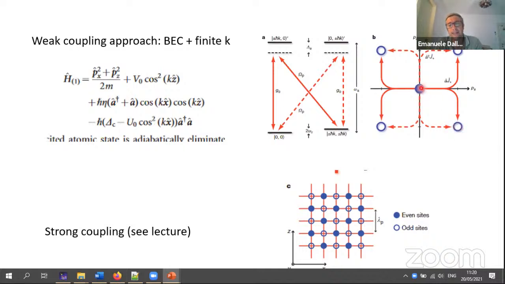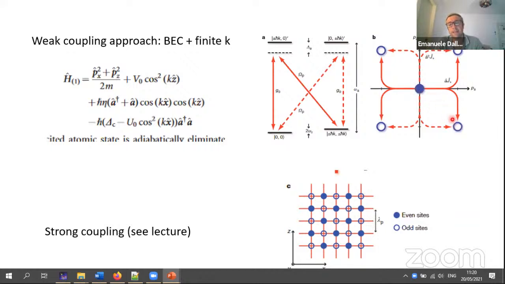Okay, so actually, the 0 and 1 states in this description: the zero state is the BEC state, the zero momentum state, and the up state is actually a superposition of all these momenta, because you can do all these processes with the same intensity. So you are either at zero momentum or at finite momentum. Initially you're mostly at zero momentum.